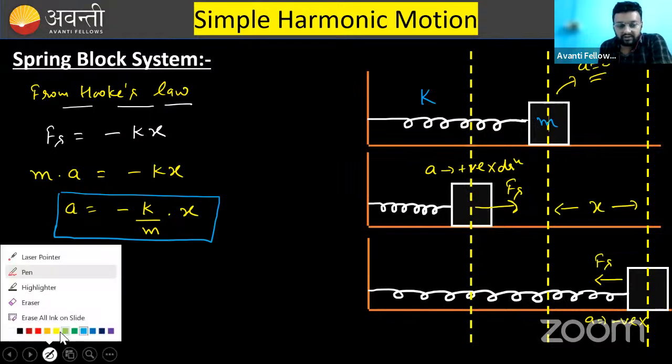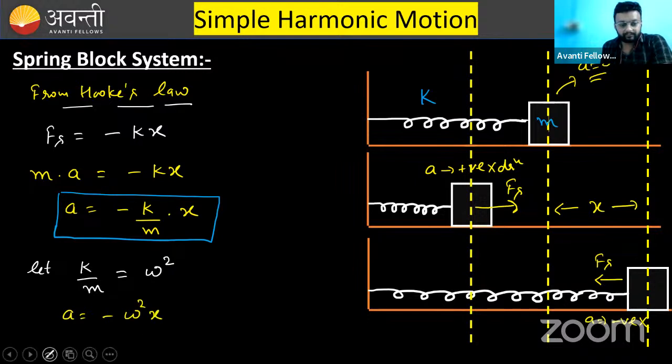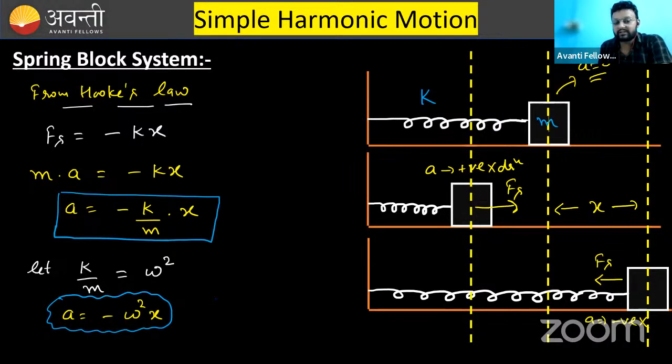Let k over m be a constant, and it is generally denoted by omega square. So a will become minus omega square x, or you can say a is directly proportional to negative of x.